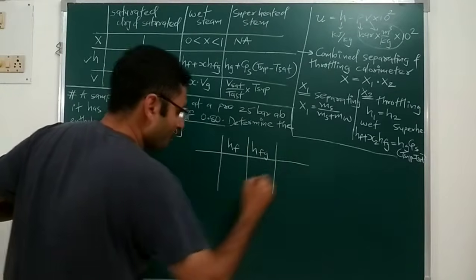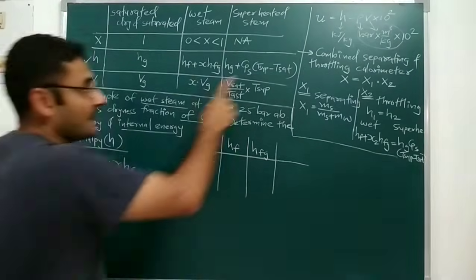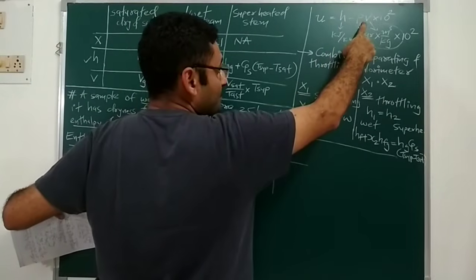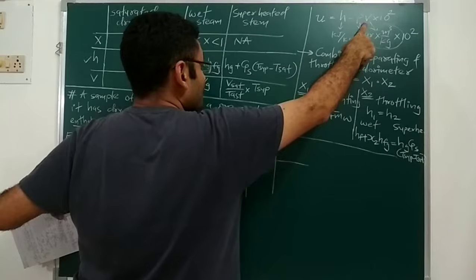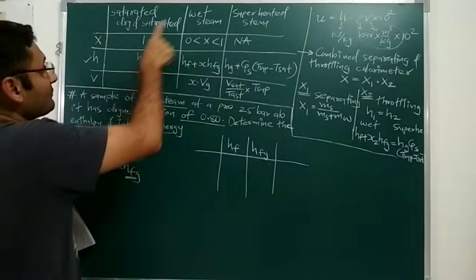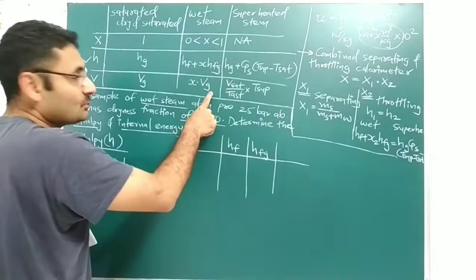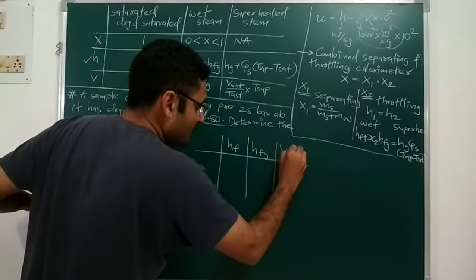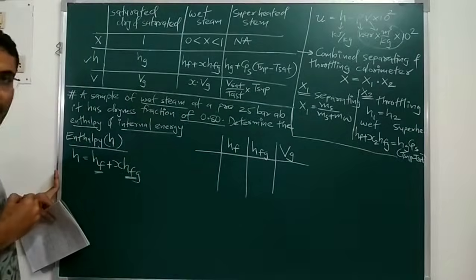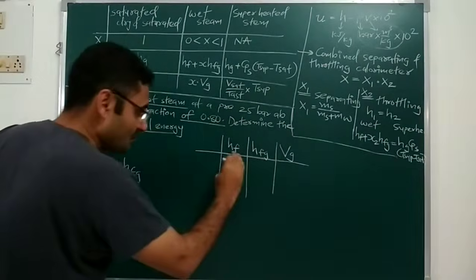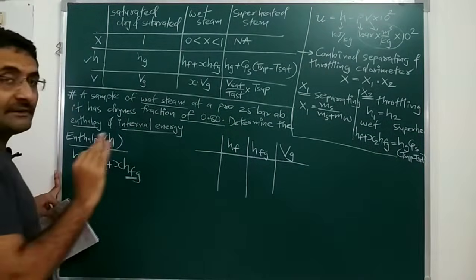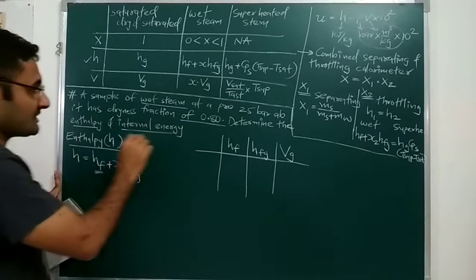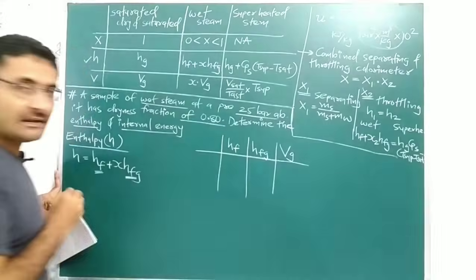Also you have to find the internal energy, and internal energy is H minus PV. That V is different for different steams. The specific volume for wet steam is x into Vg, so the value of Vg is also necessary from the steam table. All these values of HF, HFG and Vg you will find in front of the given pressure, which is 25 bar.